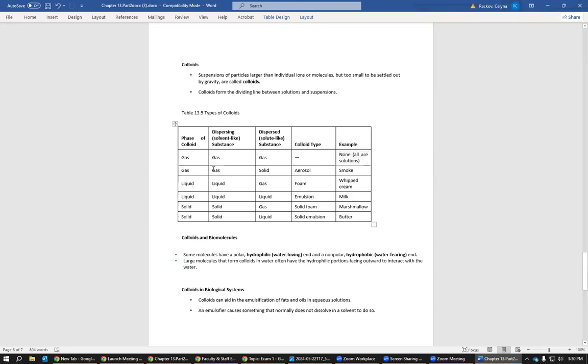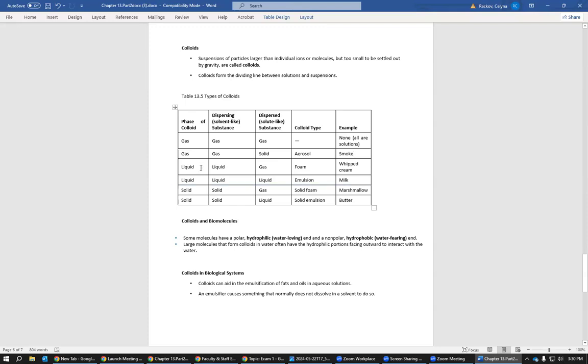If you have a gas as the solvent and a solid as the solute, you have a colloid type called aerosol. An example is smoke. If the solvent is a liquid and the dispersed solute is a gas, you have a colloid type called foam, for example whipped cream. If the solvent and the solute are liquids, you have an emulsion, for example milk.